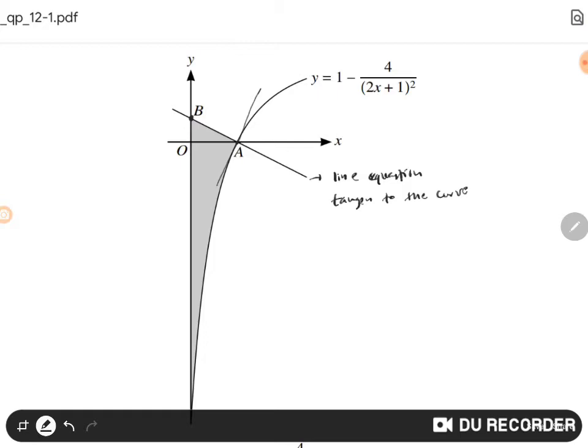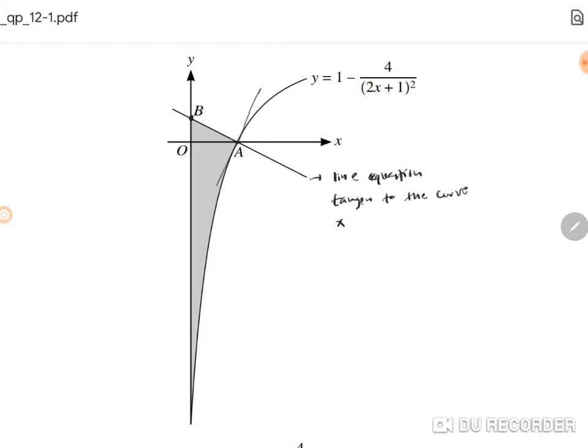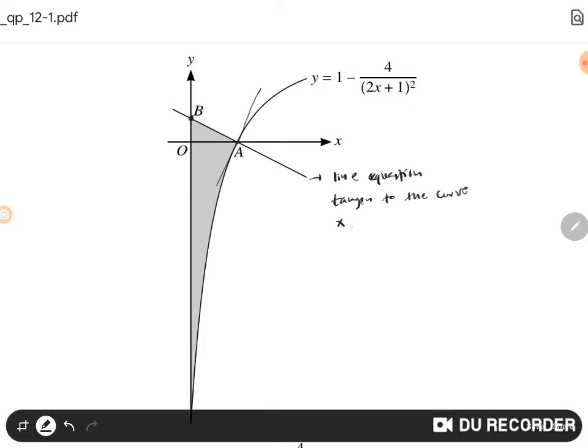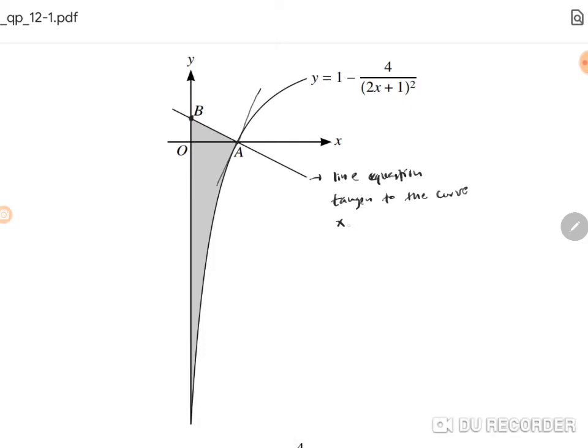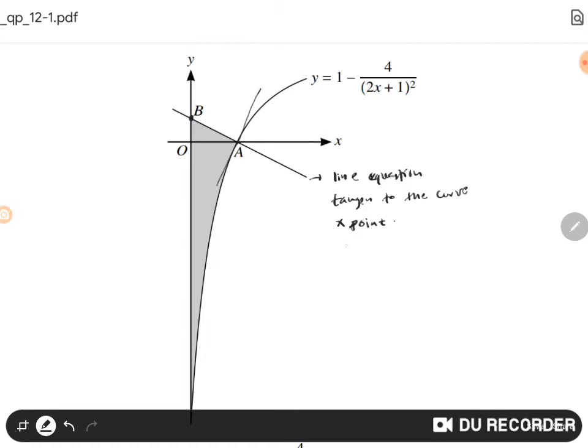To know the tangent to the curve, we need to know the x point. And to know the x point, we need to know what y is.